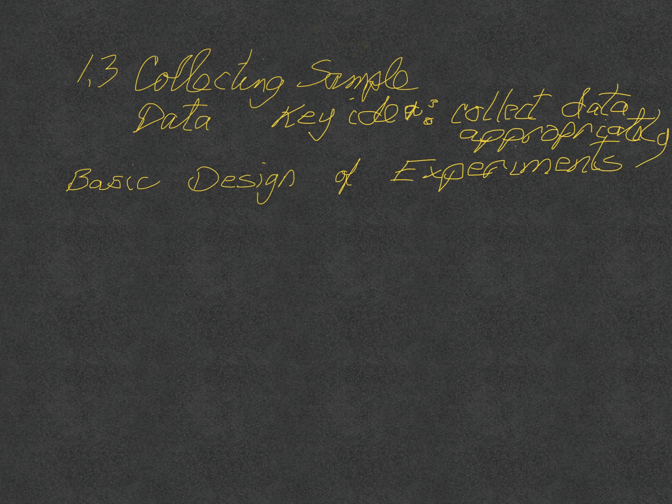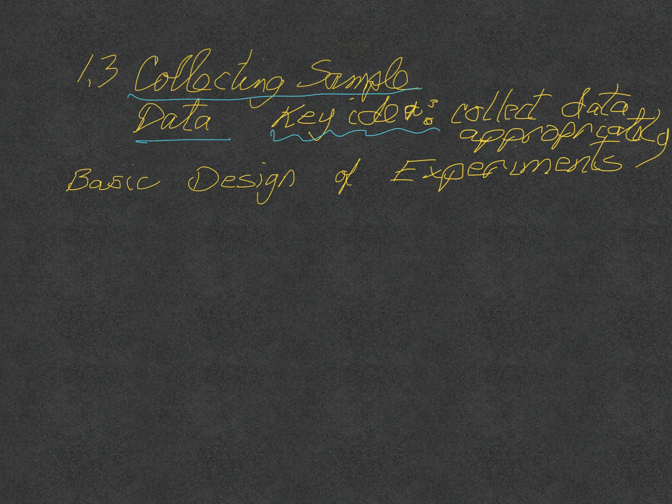So, good day, students. Here we are for section 1.3, which is called Collecting Sample Data. And the key idea that we want to work on is we really want to begin to talk about how do you collect data appropriately.